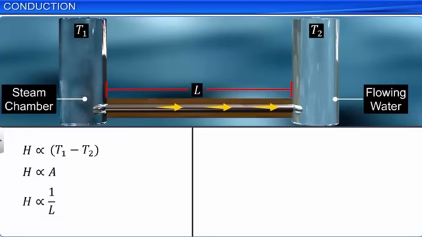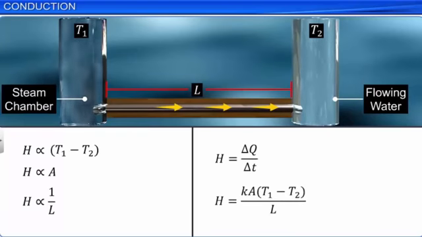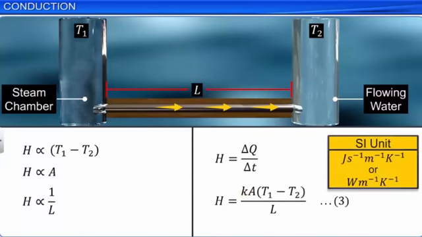That is, H is equal to delta Q by delta T, which is equal to KA into (T1 minus T2) by L. Let this be equation 3, where K is the proportionality constant and is called the thermal conductivity of the material. The SI unit of thermal conductivity is joule per second per meter per Kelvin or watt per meter per Kelvin.